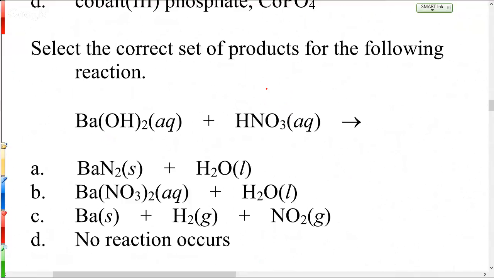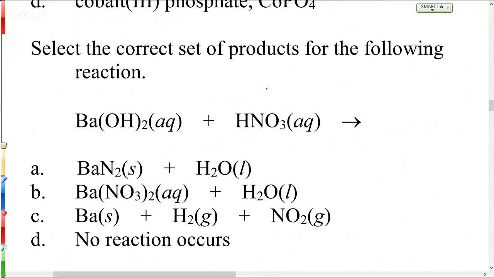I was going to say there's no carbon. There's no carbon, so this goes back to, yeah. Carbon's not the only thing that can evolve gas, even though that's what we did in lab yesterday. There's a few others. There's sulfites, there's ammoniums, but nitrate is not an ion that breaks down into a gas-forming type of thing. I mean, yes, you can make NO2 from nitric acid, but that's a different kind of thing.